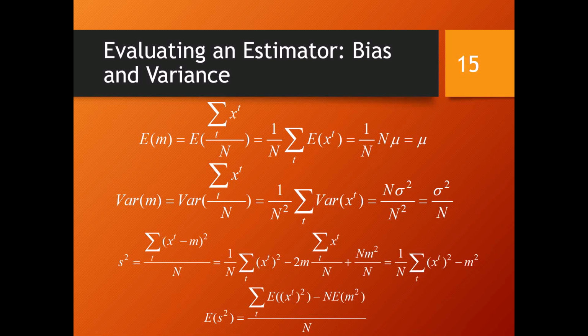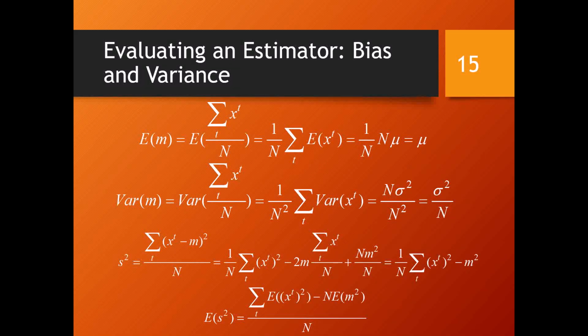The variance of the mean. The calculated mean is this, right? And the variance, according to probability theory, when a constant is inside of the variance, it is taken out as the square of this constant times the variance. So you take this out of the variance, it becomes 1 over n squared, and so we have this.